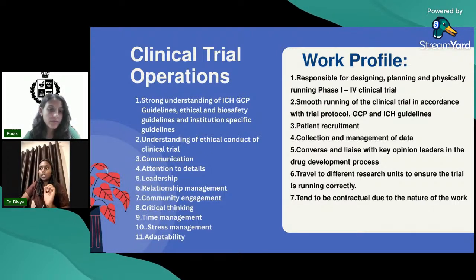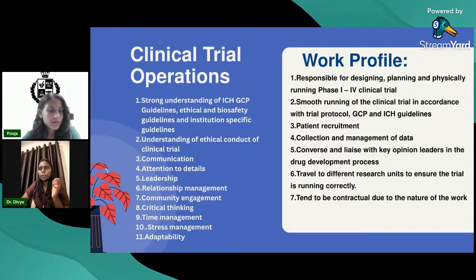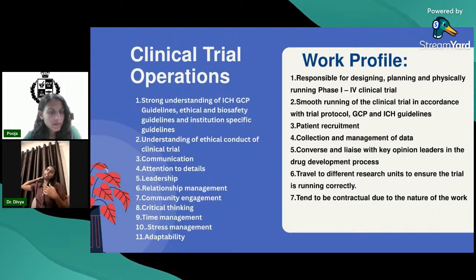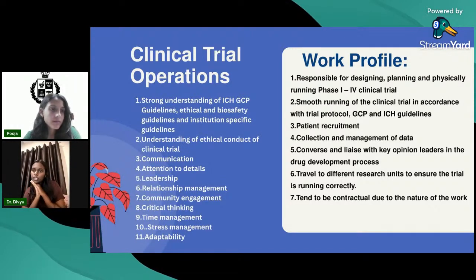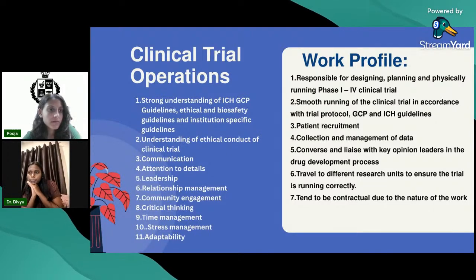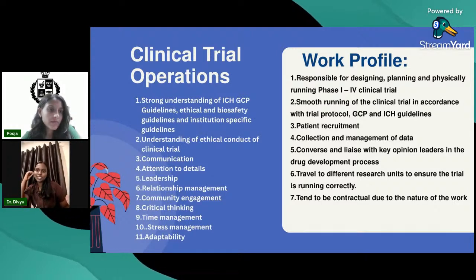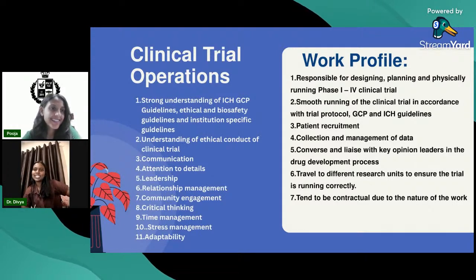For example, if you are testing the effect of an anti-epileptic drug, and you are recruiting people who perform tricks in circuses, who drive motorbikes, these people do stunts.